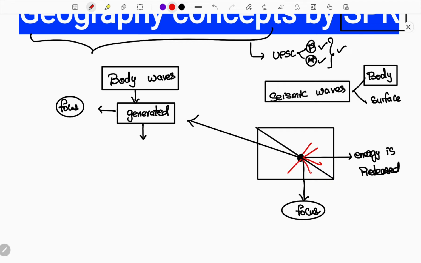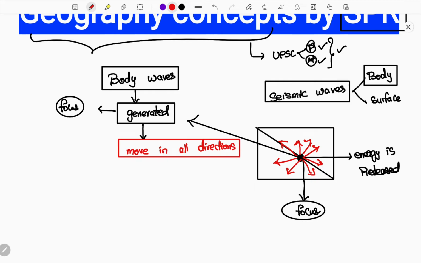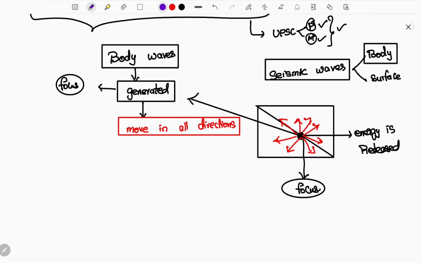See the image here. There is no particular direction designed or destined for the body waves. So the body waves start moving in all directions. Now you have an idea how they are generated: at the focus where the energy is released, and after that they keep moving in all directions.